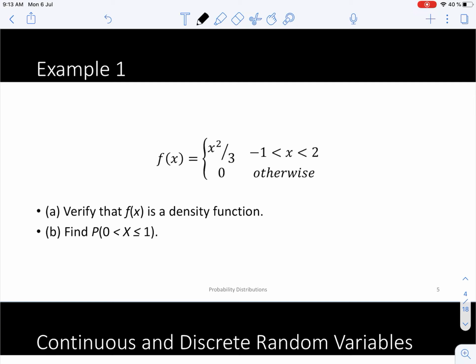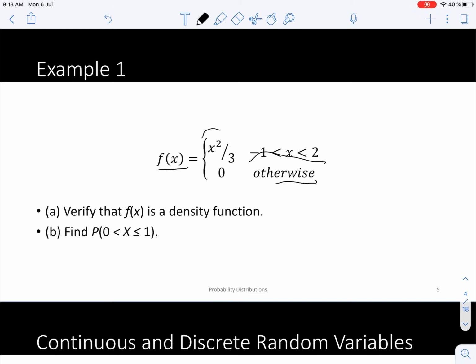Okay, so let's check this example. We are given what looks like a PDF function: x squared over 3, where x is defined between minus 1 and 2, and of course it's 0 otherwise. The first question is to verify if it's a PDF, a probability density function. So we need to check that first.